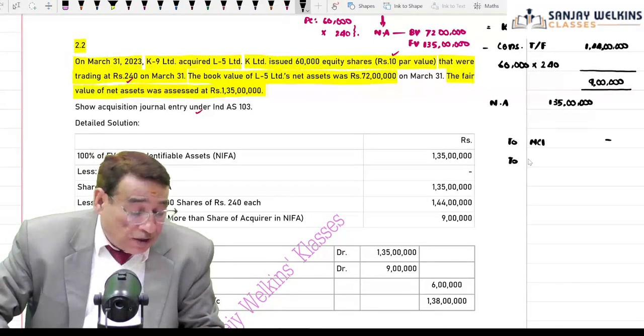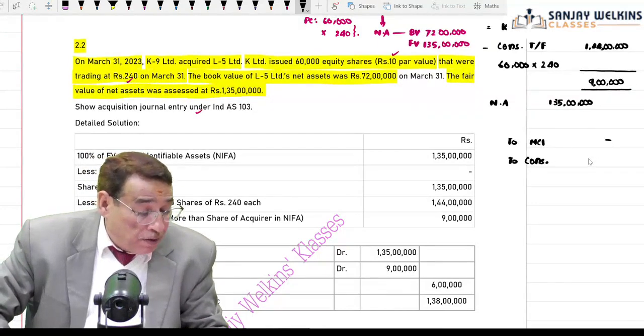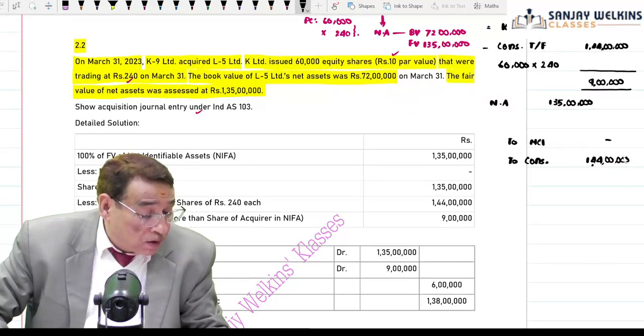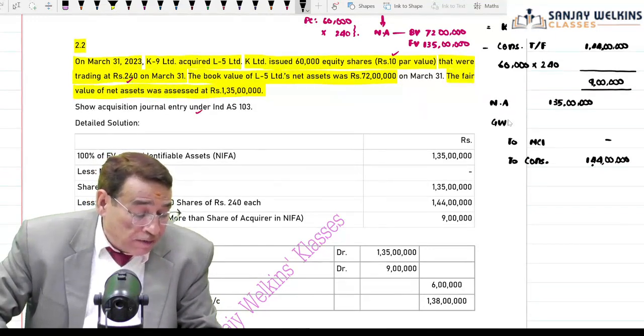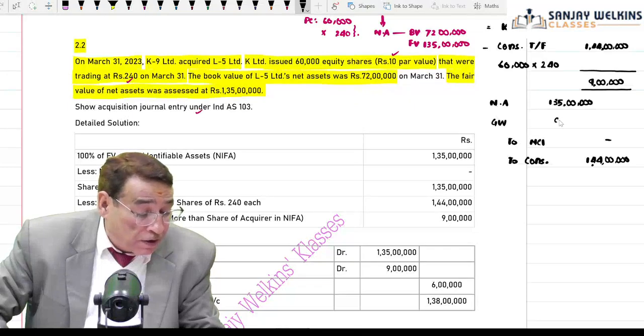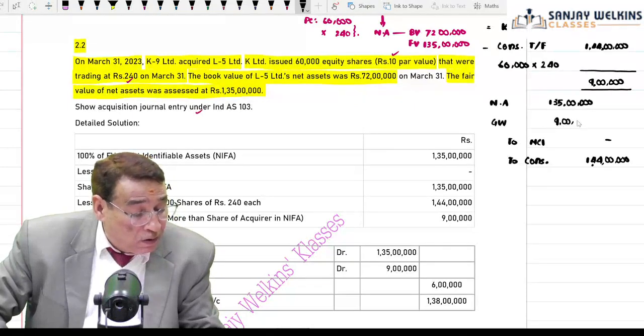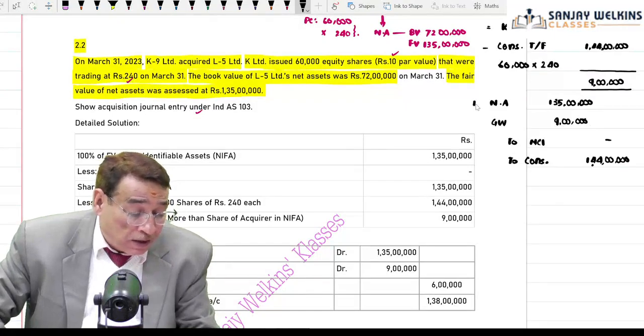Then I'm going to write here to consideration. Consideration payable is 144 lakh, as I just told you. And the difference will be equal to goodwill. That means I could have derived goodwill simply by passing this entry, 9 lakh. This is my first entry.